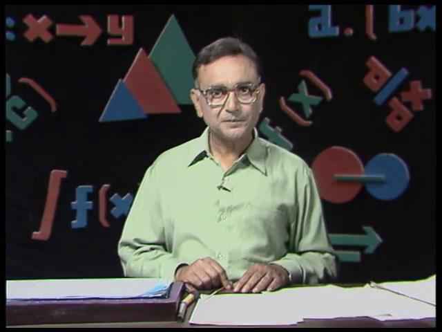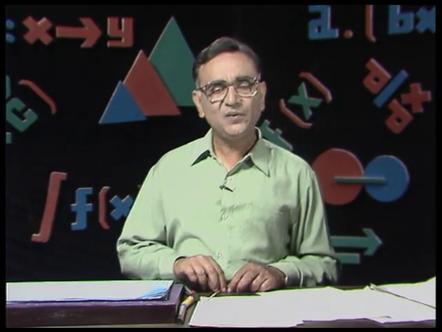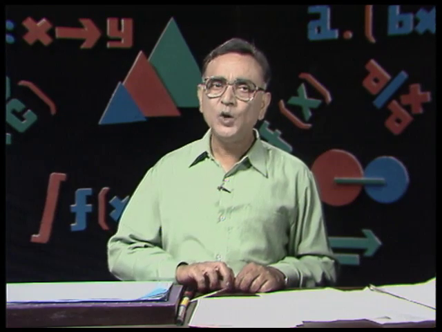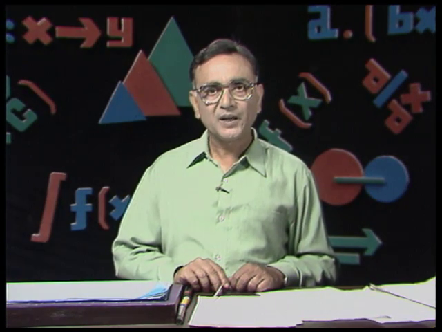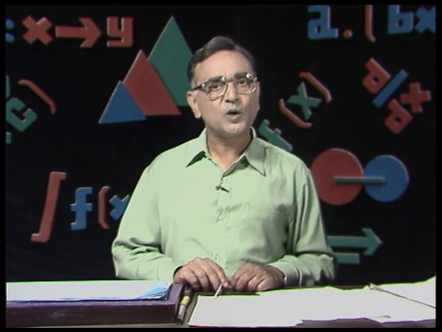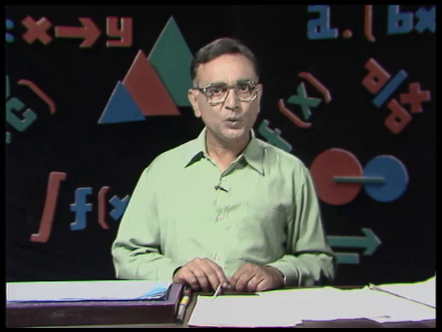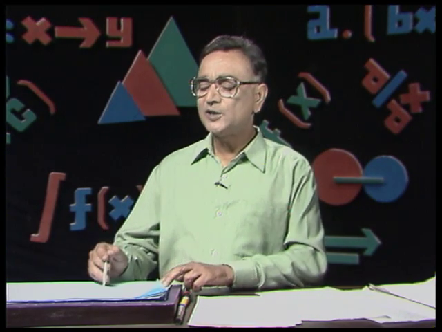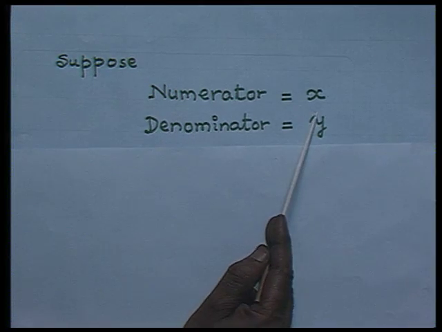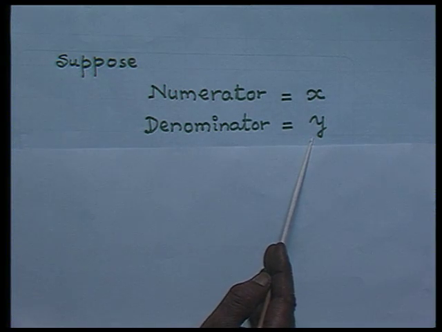Find the fraction. Now you know that a fraction consists of a numerator and a denominator, and for the fraction we are talking about, neither is known to me. So what will I do? I will suppose the numerator to be x, where x is a variable, and denominator to be y.